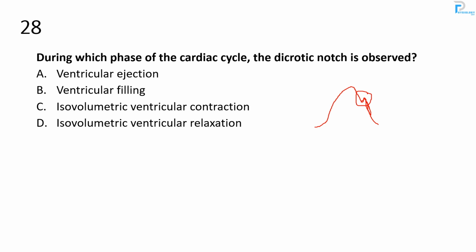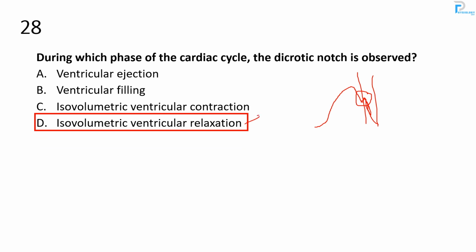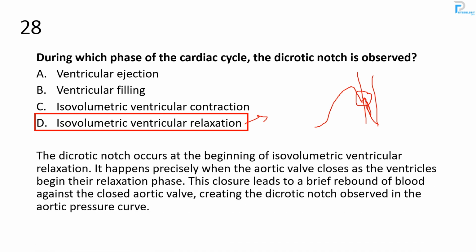So dicrotic notch is seen at the beginning of diastole, once aortic valve closed, and that happens during isovolumetric ventricular relaxation, which indicates the start of diastole. So remember here, start of diastole is indicated by the isovolumetric ventricular relaxation phase. And the start of systole is indicated by the isovolumetric ventricular contraction phase.